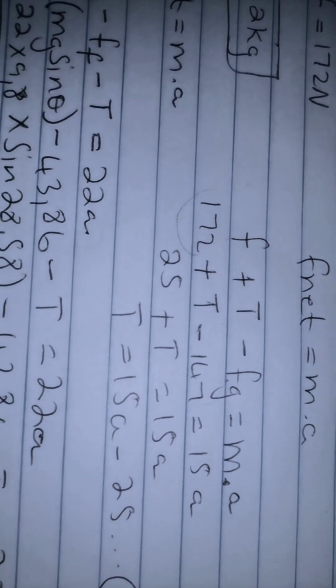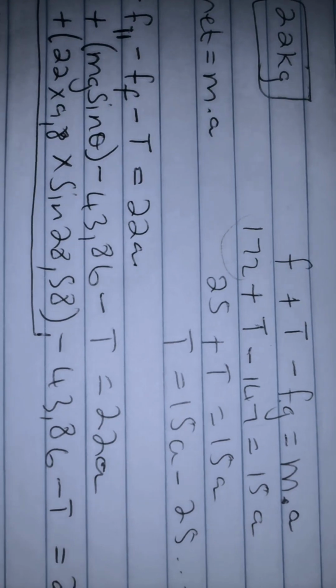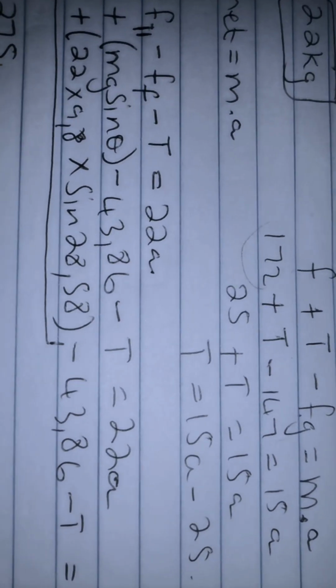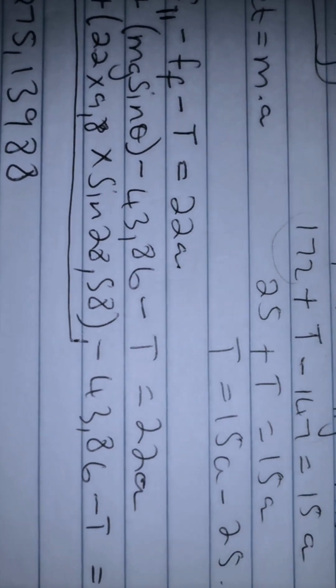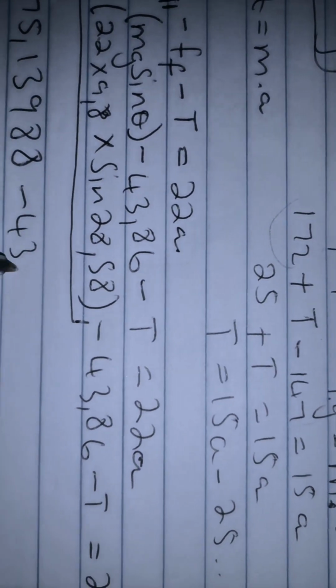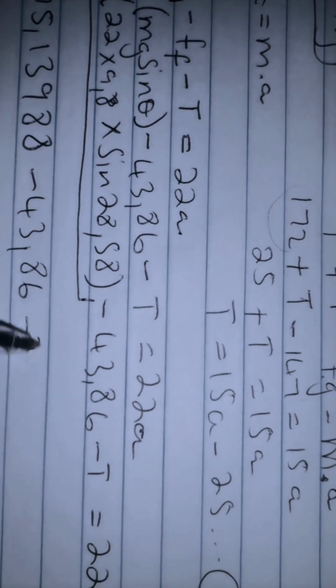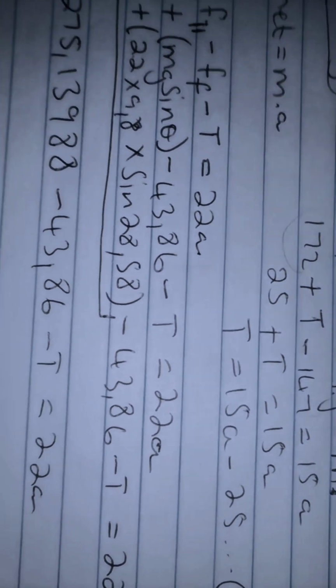The answer there is 275,13988, minus 43,86, minus tension is equal to 22a.